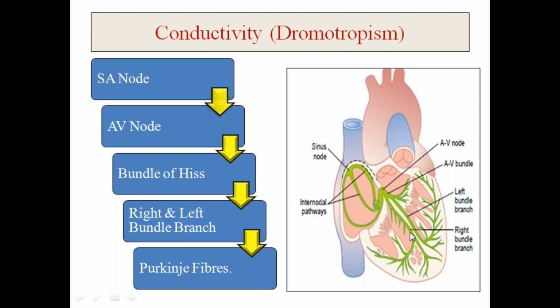Then it divides into right and left branches. The right branch will go to the right ventricle, the left branch will go to the left ventricle. These branches will go to the apex, and then move toward the basolateral side. Then the right and left branches give very small branches, which we call Purkinje fibers, and these Purkinje fibers carry the impulses to the ventricles.